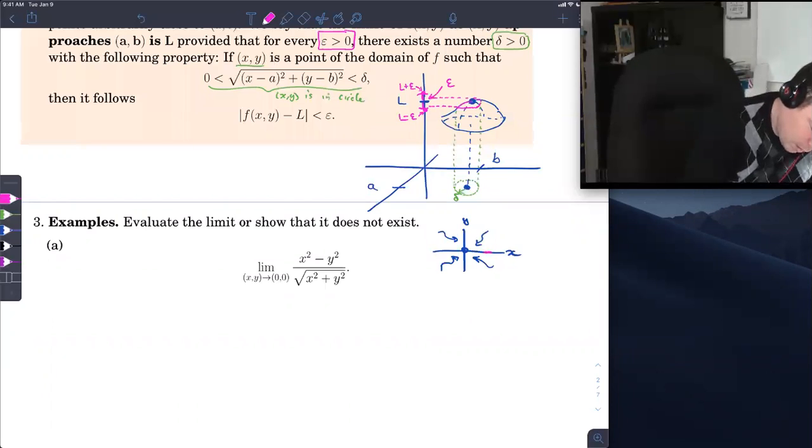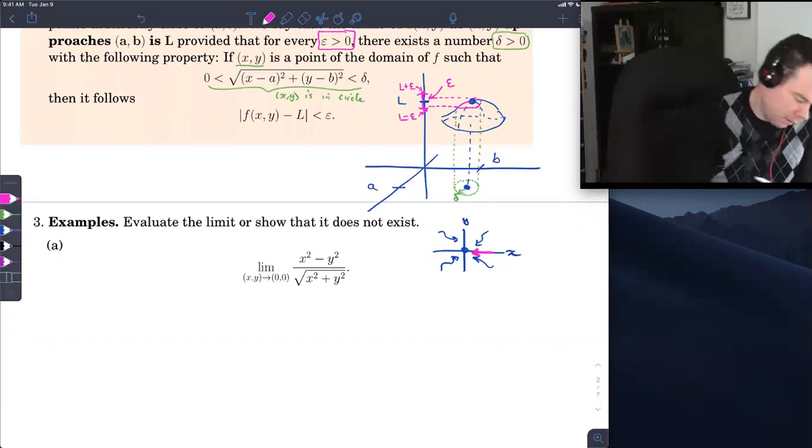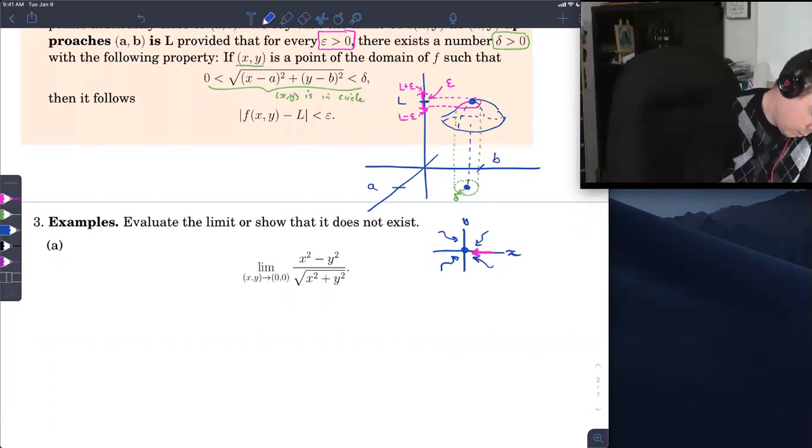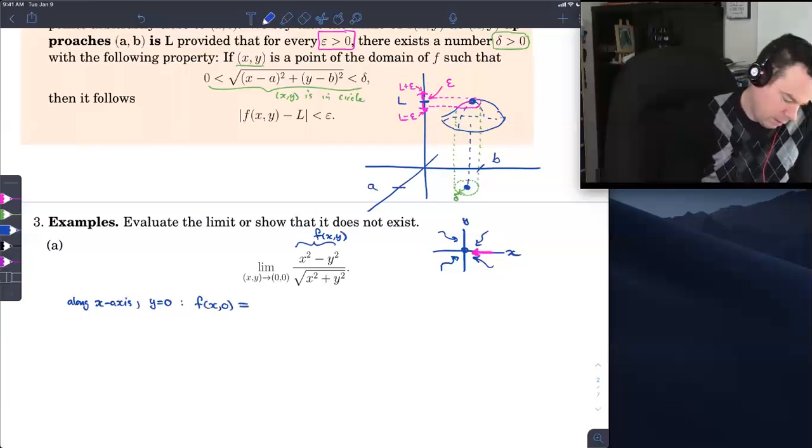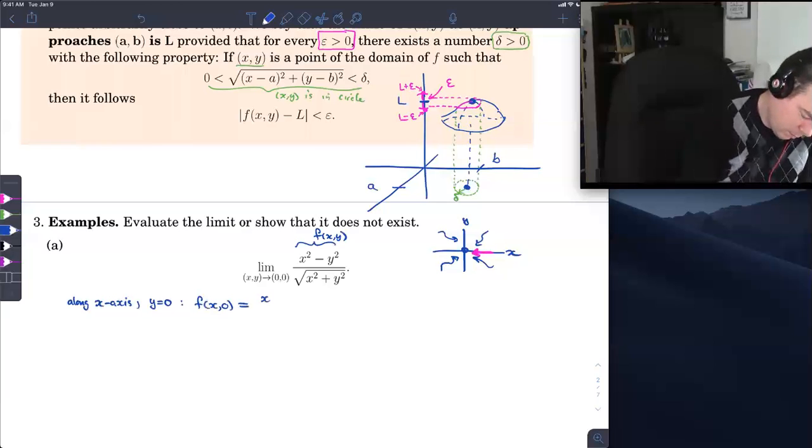So maybe I'll come at it from this direction here, along the x-axis. Along the x-axis, y is equal to 0. So what we'll do is look at the function value. Let's just name this thing f(x, y). So we're going to look at what happens as I come at it along the x-axis. So the y value is 0.